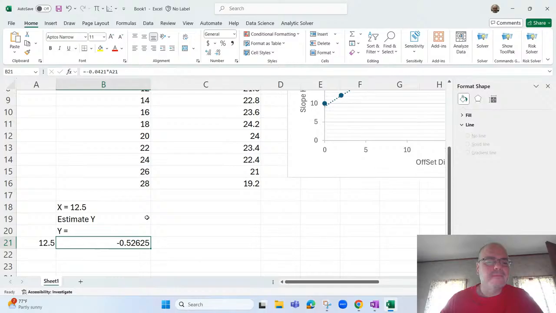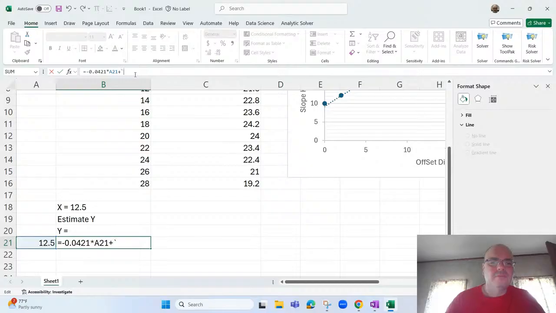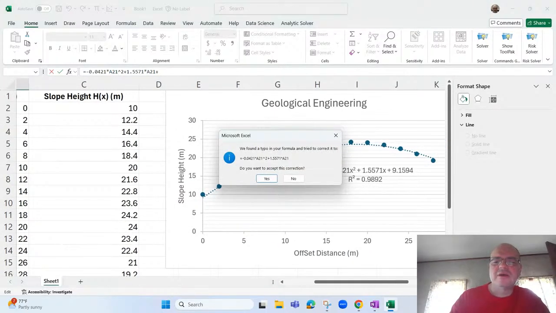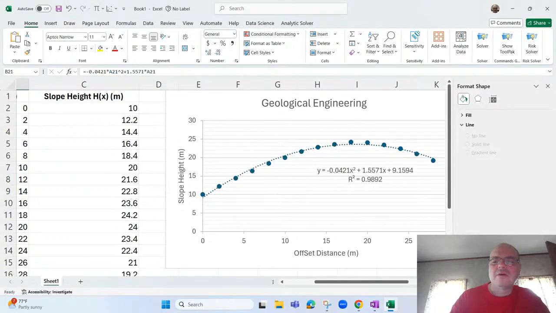I'm inputting 1.5571 times A21 again, but A21 was supposed to be squared before. And then the final value, the constant value, was 9 point something, 9.1594.